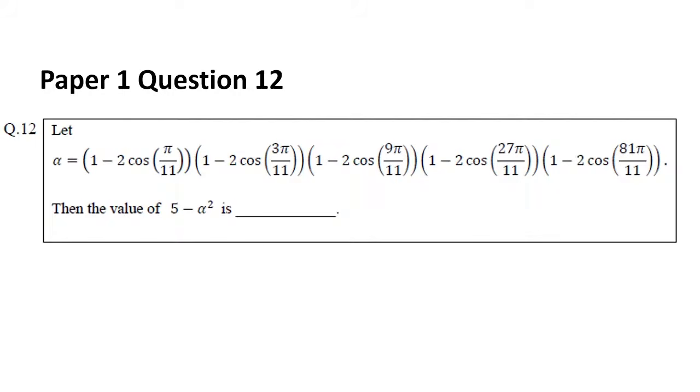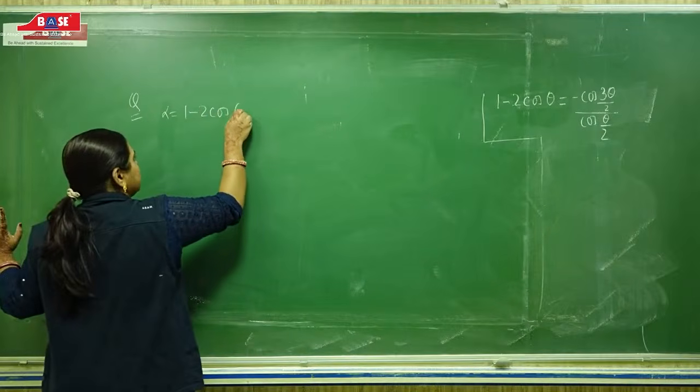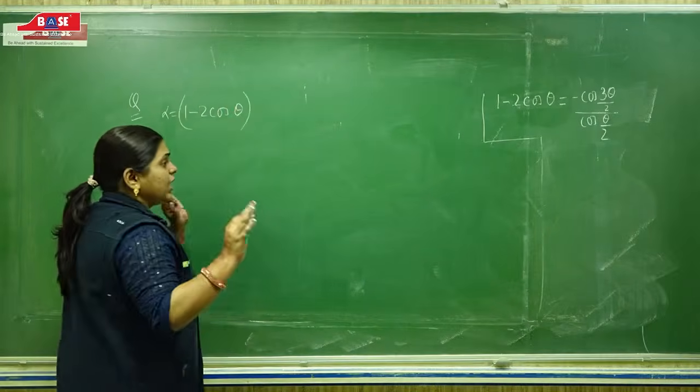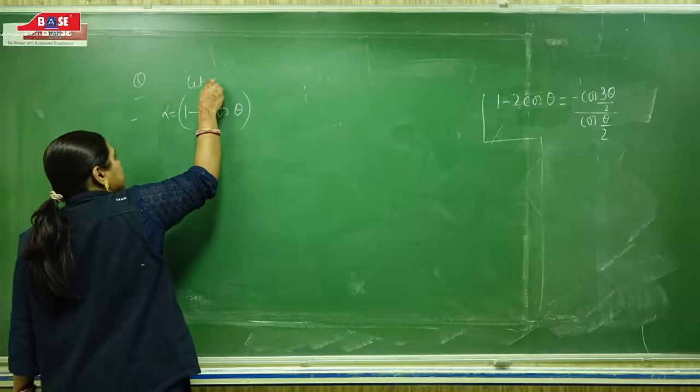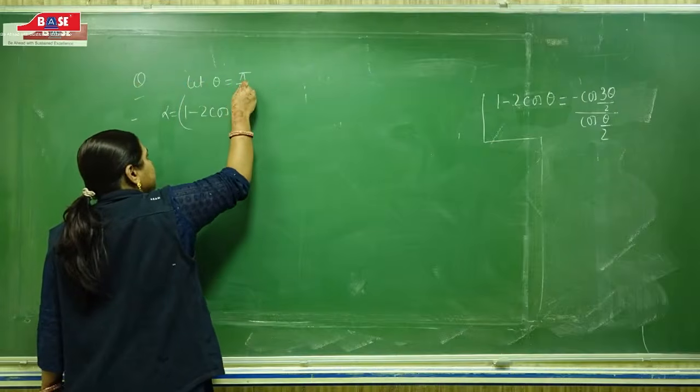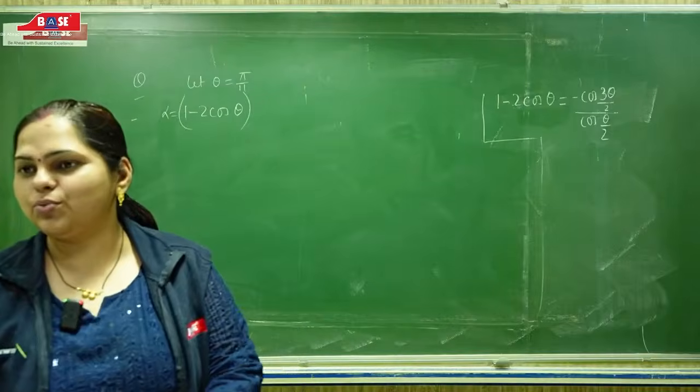Correct? So what have we got, everyone? Please try to see in terms of theta. I know you won't like it much, but please. 1 minus 2 cos theta. This is the first part, and I've already told you my theta is pi by 11. So let theta be pi by 11. Correct, everyone? Now for the next part, I want to see the question once.